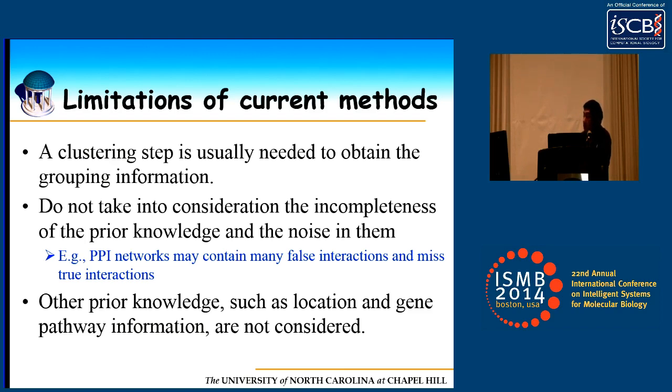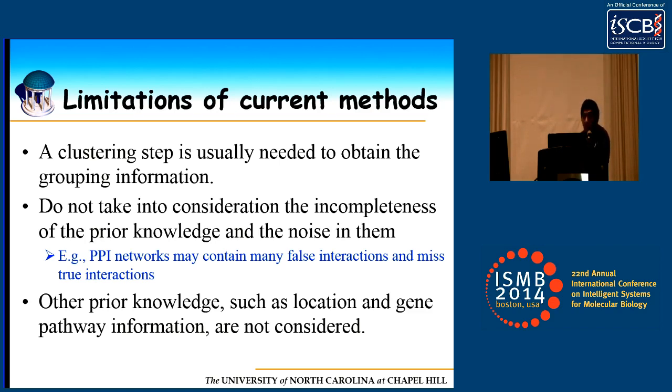For example, we all know that the PPI network may contain many false interactions and also may miss some true interactions. And the last limitation is that some other prior knowledge, like the location information and the gene pathway information, typically cannot be taken into consideration.